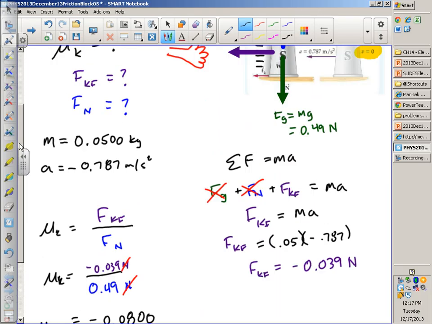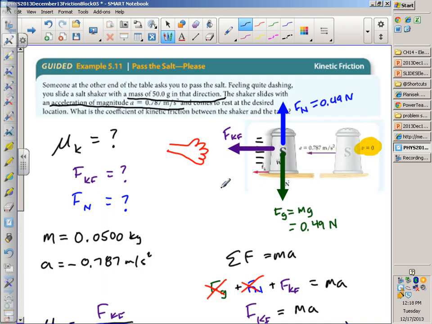So let's say this problem changed so that instead of having 50 grams of salt, there was 100 grams in that salt shaker. Would the answer to this question be different? No.